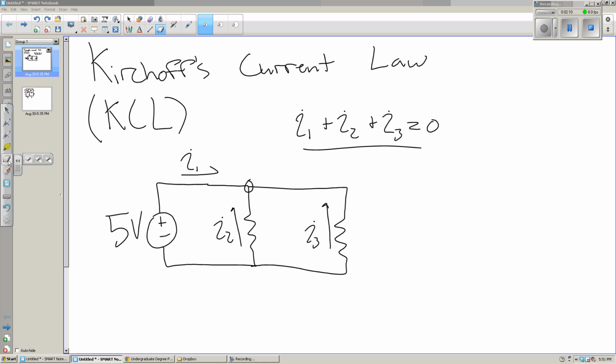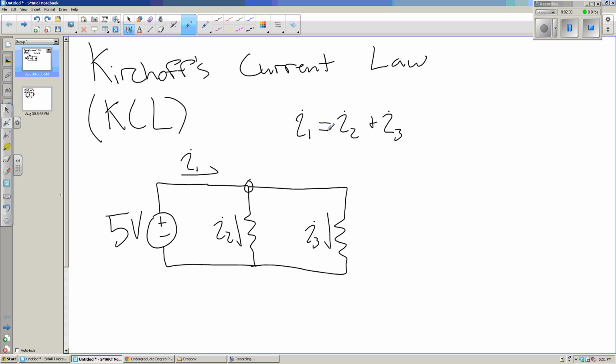Another way that we can look at this is if we just take our heads off here, switch the direction of these two currents, and change our equation, get rid of our equal sign, and put it here. The current in, I1, must equal the current out, I2 and I3.